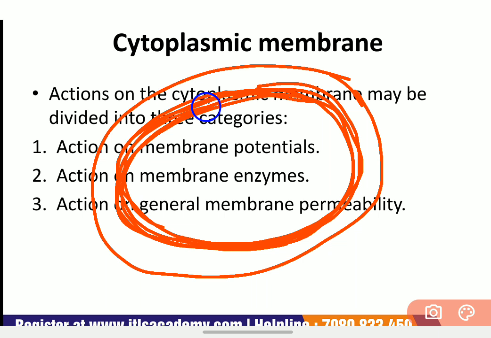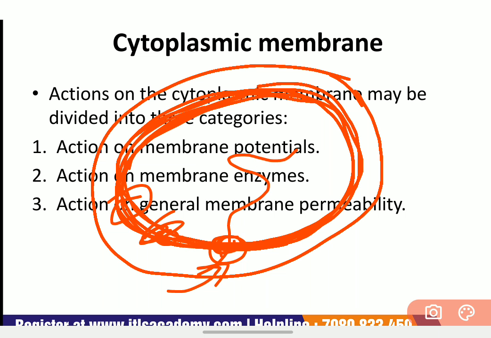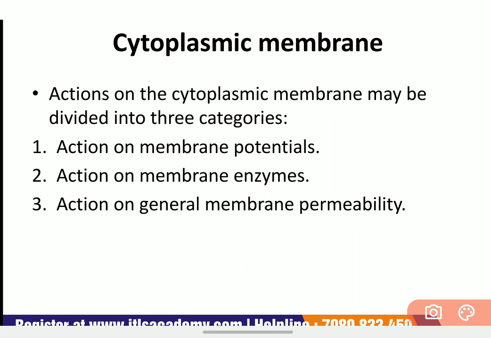The cytoplasmic membrane has pores, channels, and many other things, and it even has receptors. Any ligand can bind there and function in the cell. So, the cytoplasmic membrane is semi-permeable in nature, and it allows passage of many molecules that are required for the survival and reproduction of the cell.